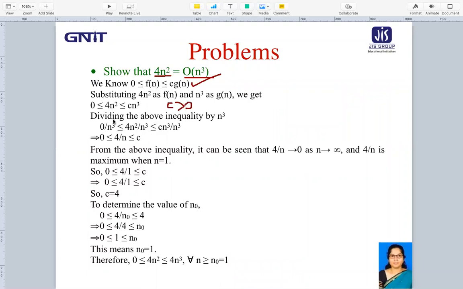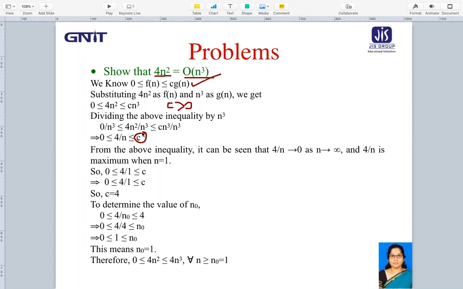If we divide all the sides by n cube, we get 0 less than or equal to 4 by n, less than or equal to c. Now, if we see this nicely, we remember c is the upper bound, so we have to take the maximum value for c, so that 4 by n is always less than or equal to c.